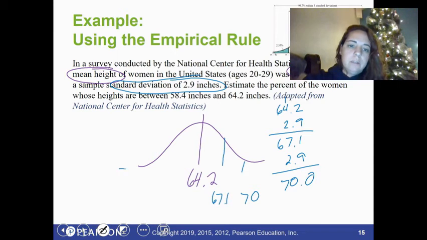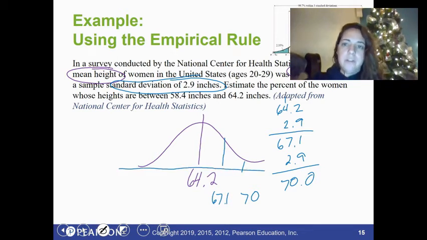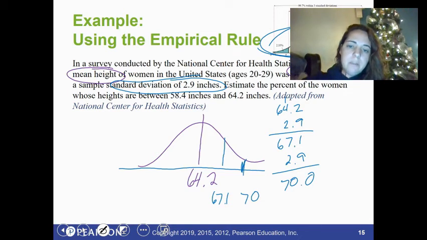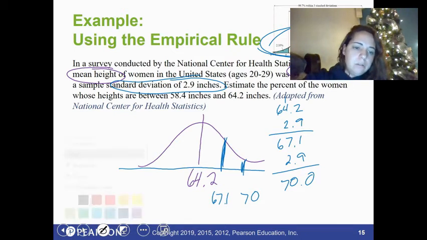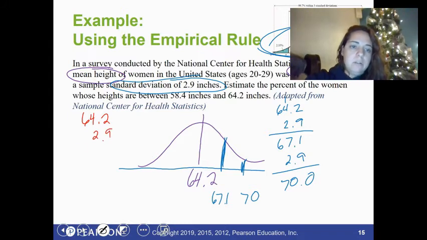This is me trying to sketch this beautiful little curve with the right numbers in the right spot. So this is at 70. This is at 67.1. Now let me go back the other direction. I do 64.2, but I subtract 2.9, the standard deviation, right?